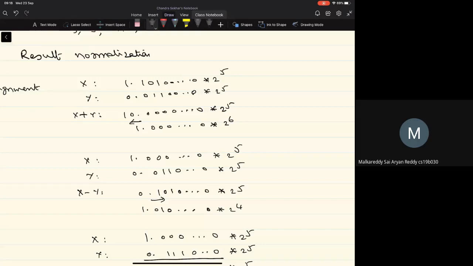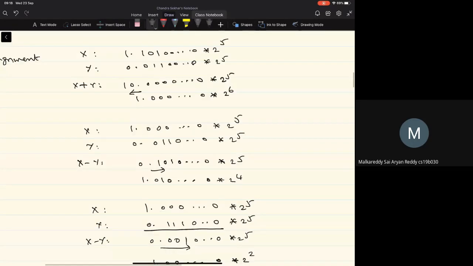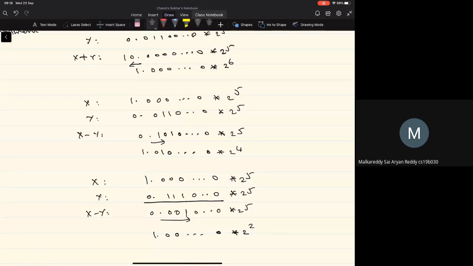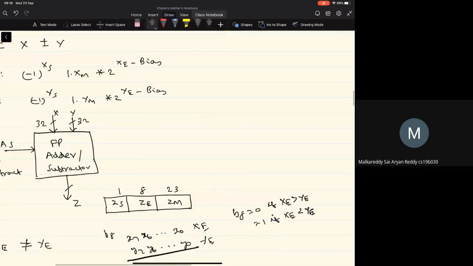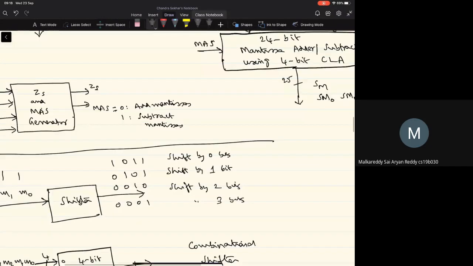and increase the exponent. The other case that we looked at is when we perform x minus y. The result is not in the normalized form, and in order to get the normalized form, we need to shift the binary point to the right by 1 bit in the first case and by 3 bits in the second case, and accordingly the exponent is adjusted. And this has to be done automatically from the output of this mantissa.